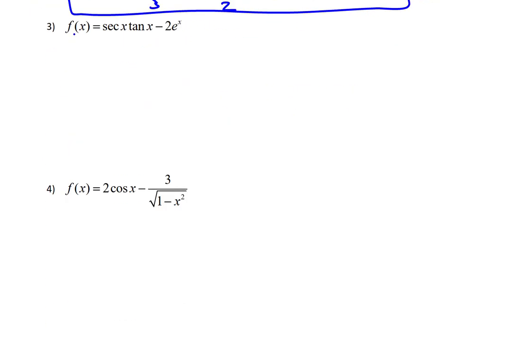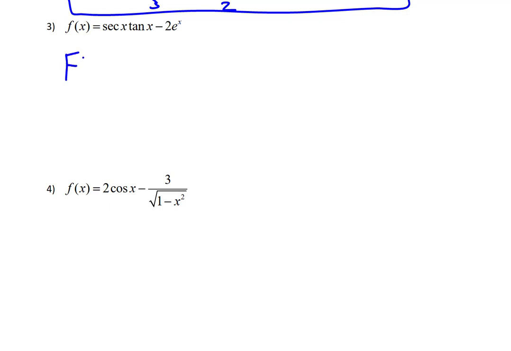This one is given as lowercase f of x equals secant of x tangent of x minus 2e to the x. Okay, so as you are probably thinking already, when you look at that chart of derivative rules that we've already used, we're basically just going backwards with them. And so you'll start to hopefully recognize some familiar derivatives that we've already been using, but we're just going backwards now.